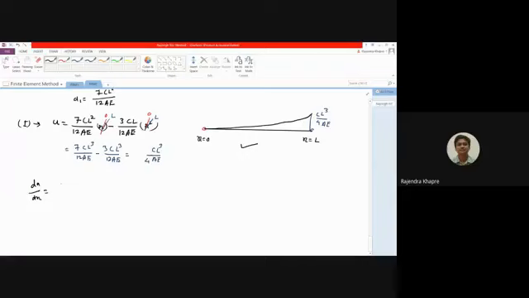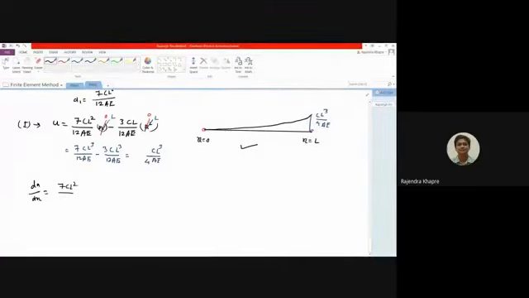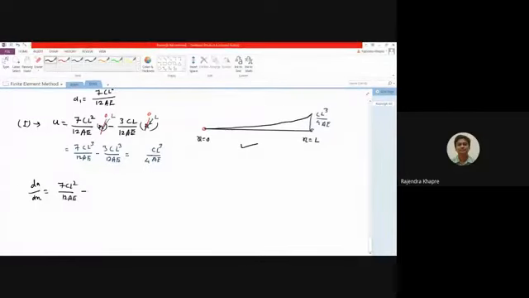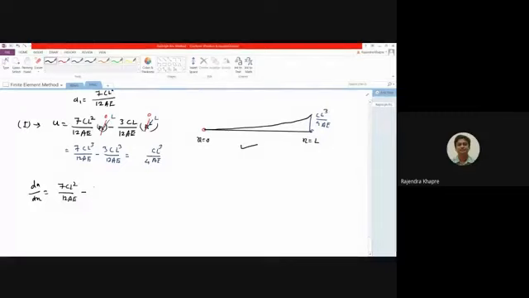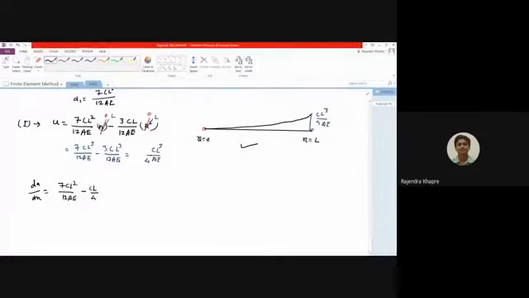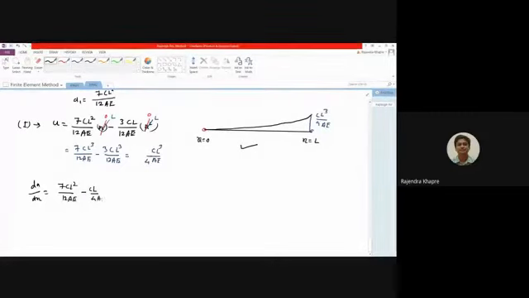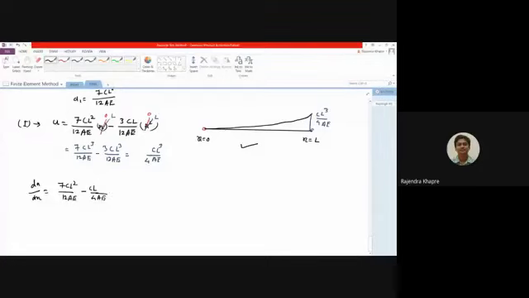So here you are going to get 7 times CL square divided by 12 times A into E, and minus 3 by 12, which in place of 3 by 12 I'll write 1 by 4, so this is CL divided by 4E. In place of this x square, now you have 2 times x. So I'll write down x over here and I'll just erase this 4 and write 2 over here.